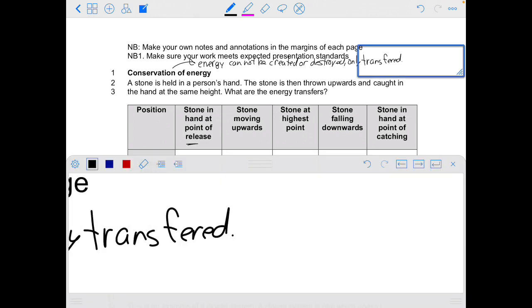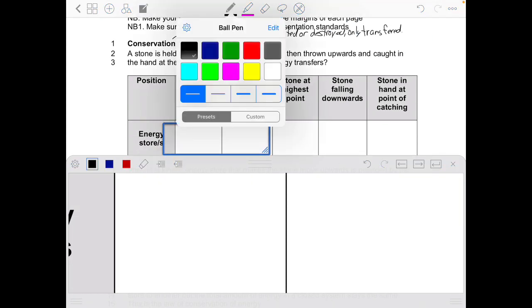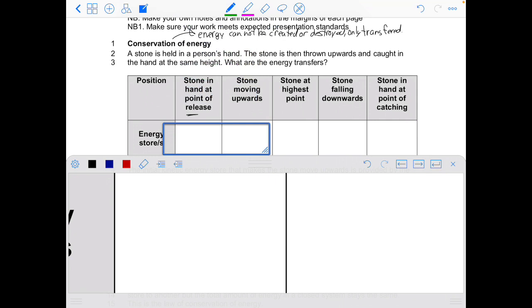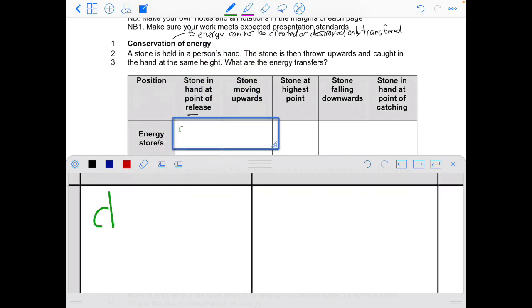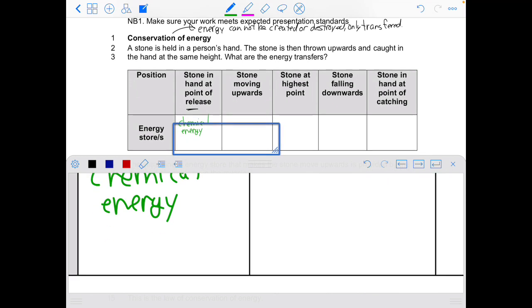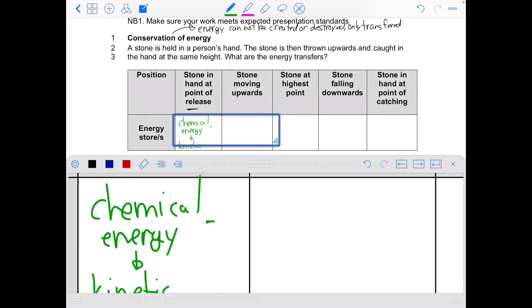All right, so hopefully at this point you have written down that the stone in your hand at the point of release starts as chemical energy. Just before you release it, which changes to kinetic energy. As you let it go, you've given it that kinetic energy, the chemical energy, remember, stored in your muscles.